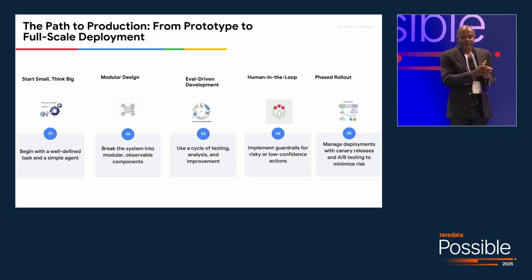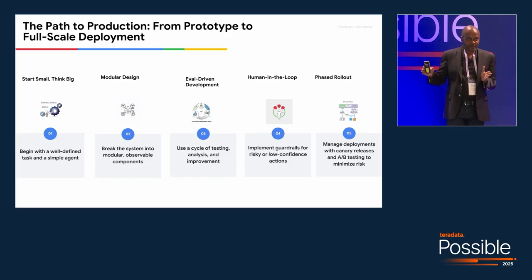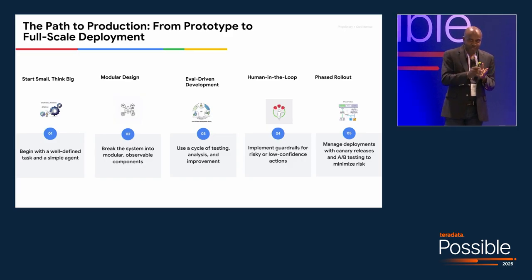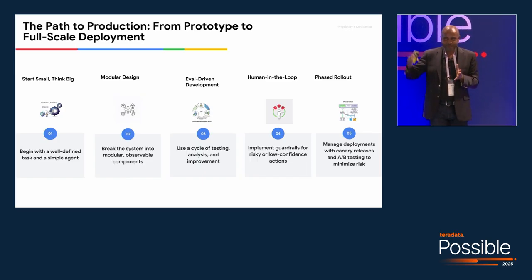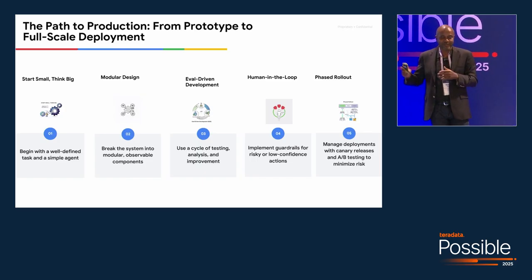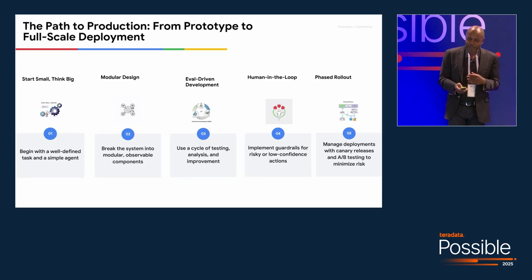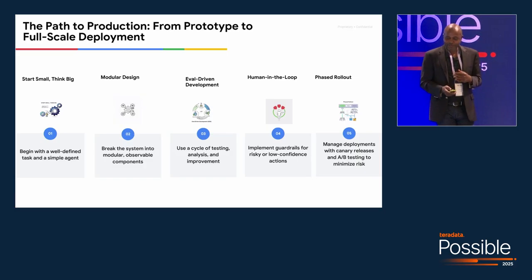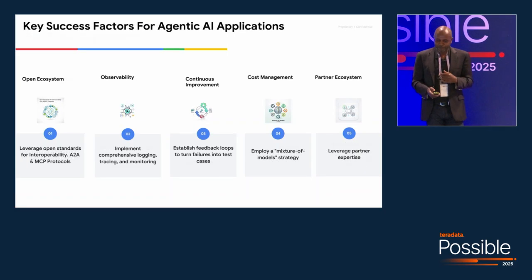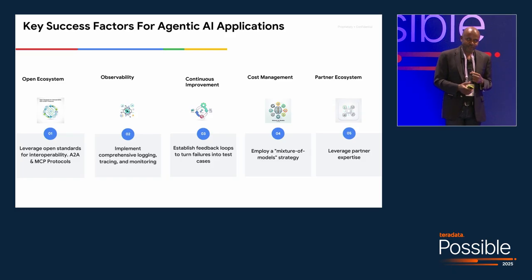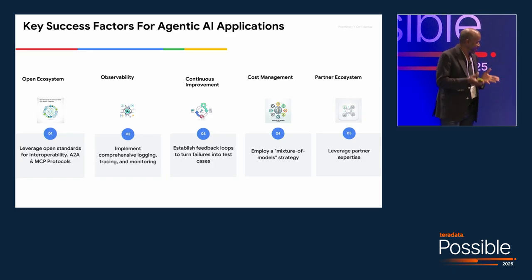And then phased rollout, right? You roll out, you add features, you roll out, you add more features. So you do that by phase. It's very, very critical. Now, that being said, what would be the keys to success for making all these work together?